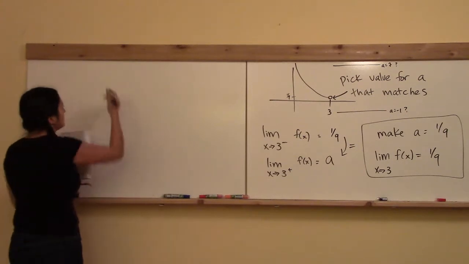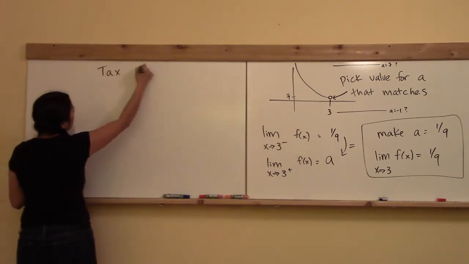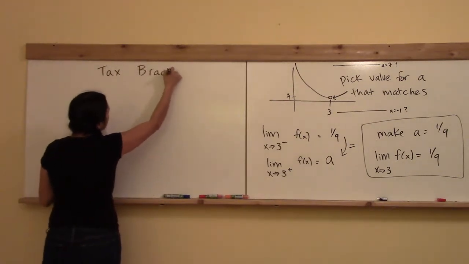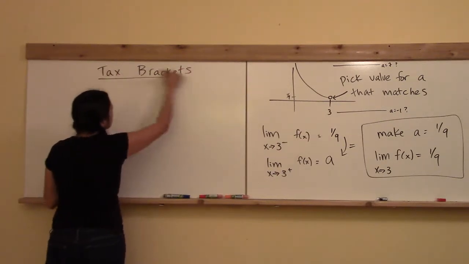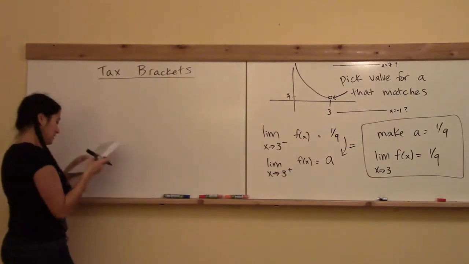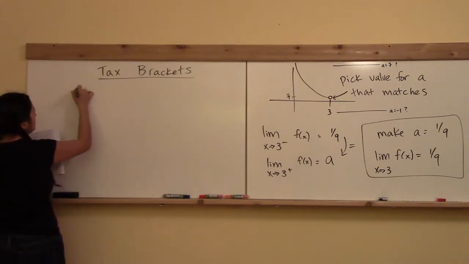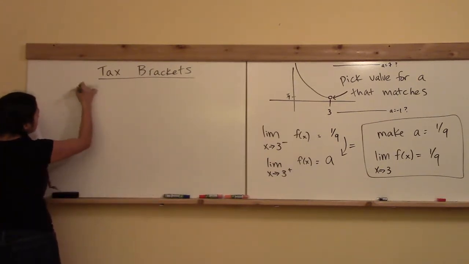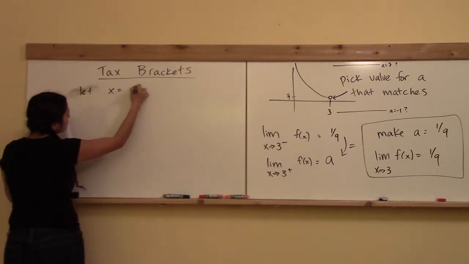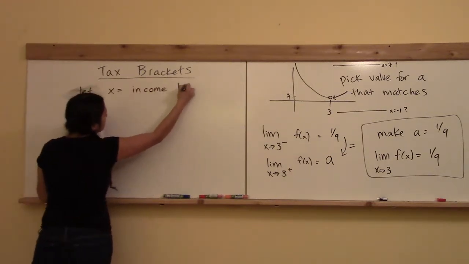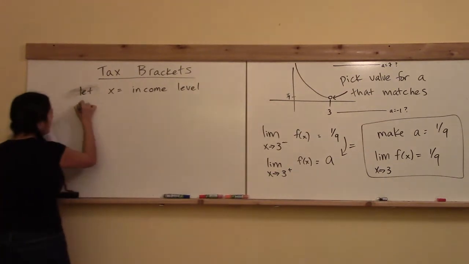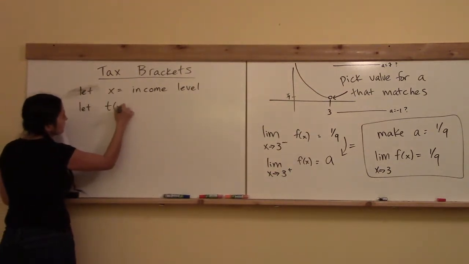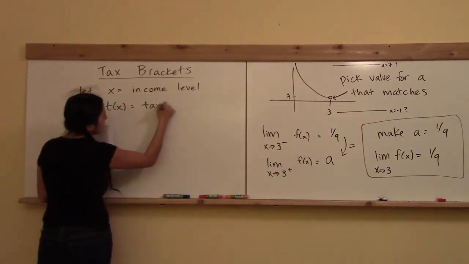These are very common types of functions, and here's another application example, which is going to be tax season, tax brackets. Okay, so tax season soon. So let's say we have some different tax brackets, and let's let x equal your income level, and let t of x equal the tax amount.